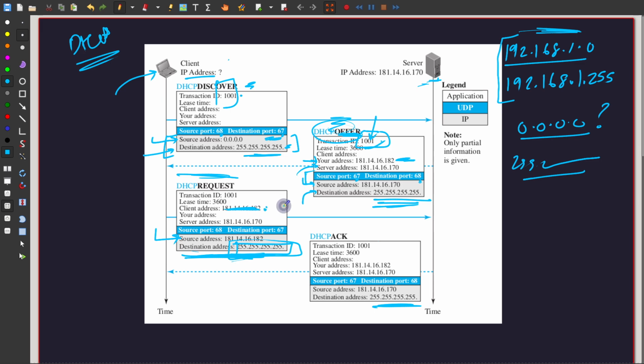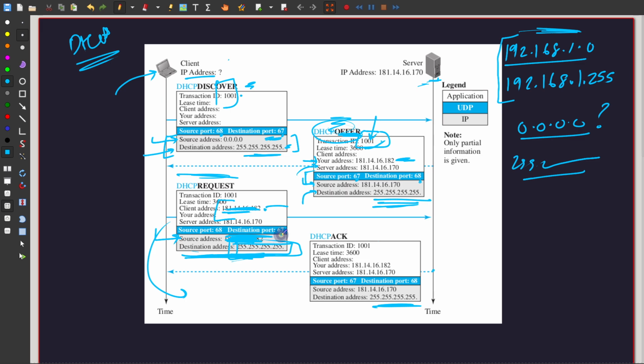Actually, it initially just leaves it blank, and it goes, okay, I'm ready to accept that particular IP that you're claiming, right? So I'm ready to do that. And after the acknowledgement is received, only then does it actually take that IP up, right? So only after the DHCP acknowledgement comes in does it actually make that IP its own IP. So it doesn't plaster this IP immediately here when it's new, right?